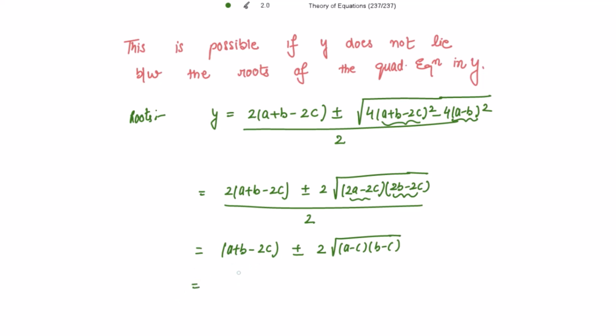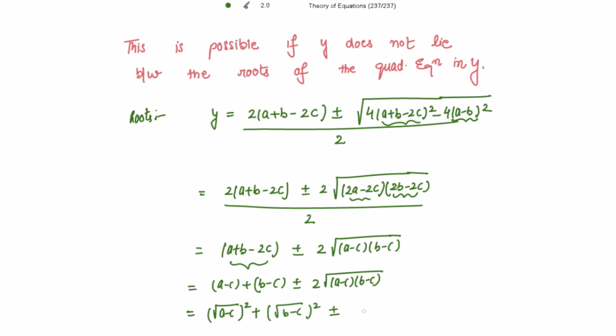Then we can write this first bracket as a minus c plus b minus c, so that we can get the formula. So let's write a minus c as (square root of a minus c) whole square plus (square root of b minus c) whole square, plus minus twice of square root of a minus c into square root of b minus c.